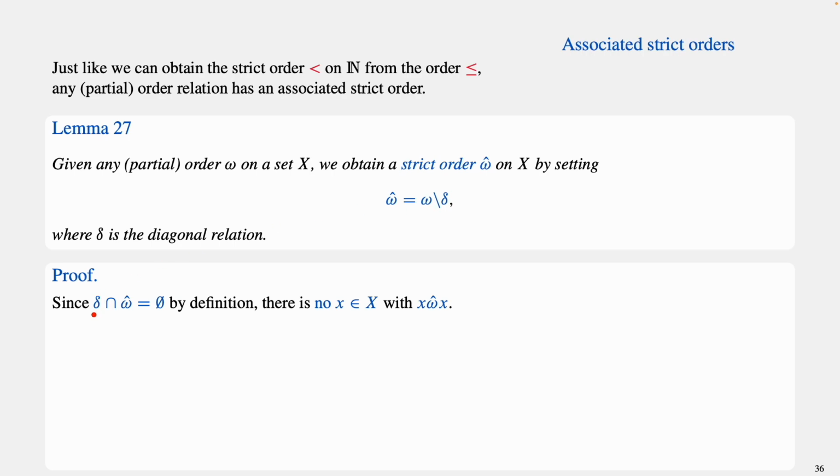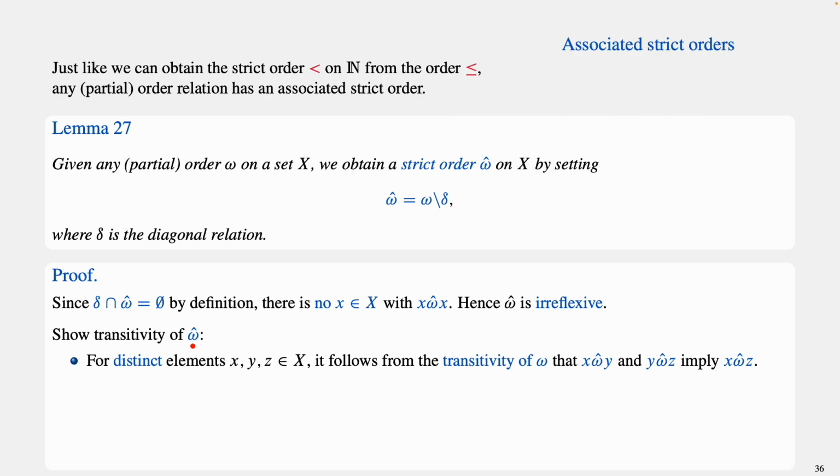Now I will prove that this is a strict order, even though it's probably quite obvious. By construction, omega and the diagonal relation have empty intersection because we just define omega hat by taking out the diagonal. So there is no element x such that x omega hat x is true. And that means omega hat is irreflexive.